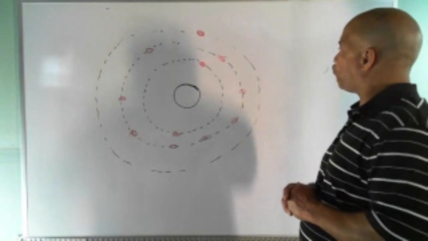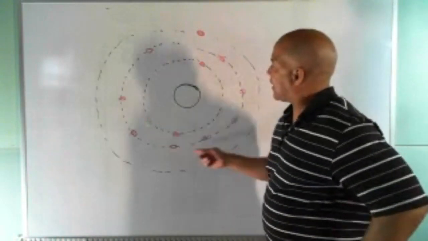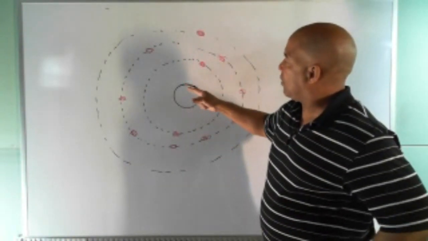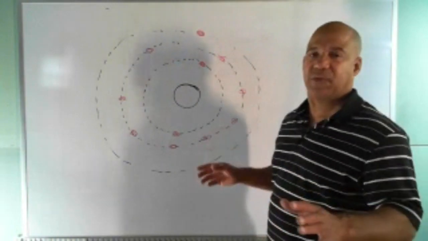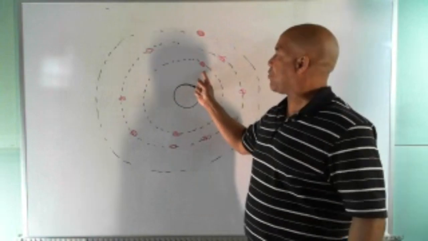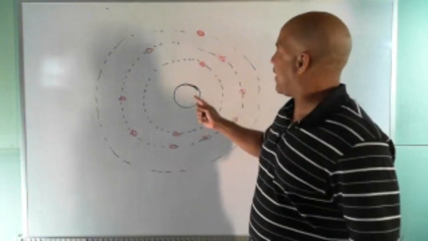Now, the other thing I want to say is that these paths that I have in this Bohr model of the atom, the distance from the nucleus to these orbits is a fixed distance. And we're getting into some physics. I don't want to go too deep into it. But just know that these electrons are orbiting. They can't orbit just anywhere. They can't come in here.